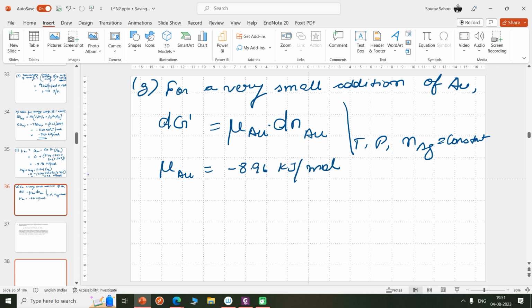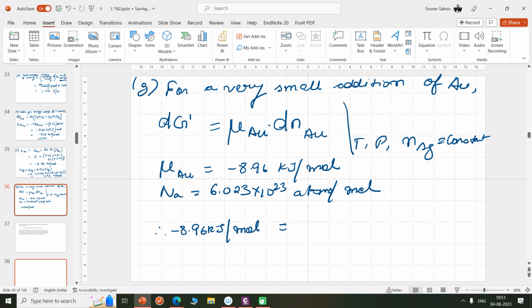So minus 8.96 kJ per mole is equal to minus 8.96 into 10 to the power 3, and using the conversion factor for the electron volt, divided by 96.3 is 23.